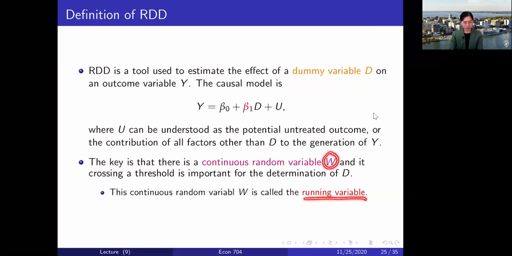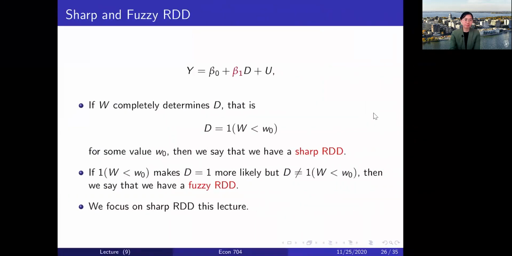And this running variable is important because it crossing a threshold should be important for the determination of the value of D. If W crossing a threshold completely determines D, perfectly determines the value of D, or in other words, if D is an indicator function of W crossing or not crossing a threshold for some threshold value little w0, then we say we have a sharp regression discontinuity design.